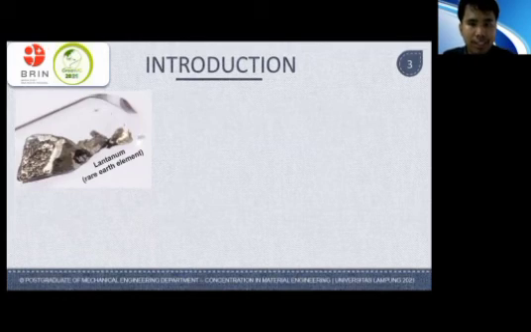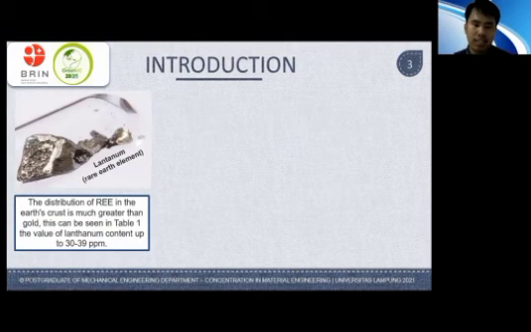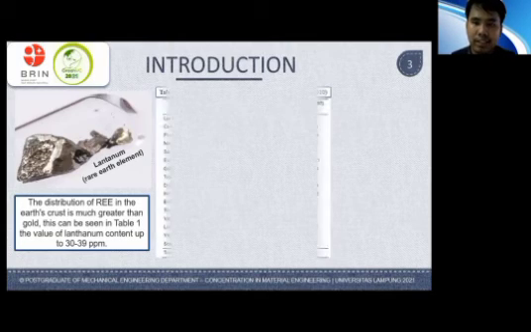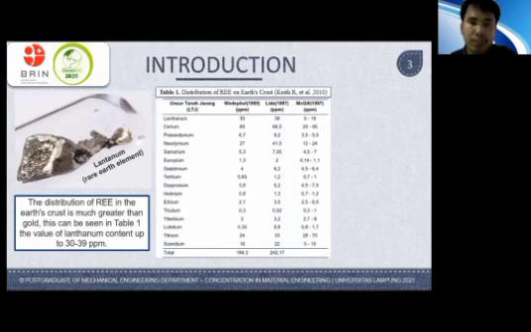Okay, about the introduction with lanthanum. Lanthanum is one of the rare earth elements, and the distribution of REE in the earth's crust is much greater than gold. As you can see in table 1, the distribution of REE is about 60 to 66 ppm for cerium and 30 to 39 for lanthanum.